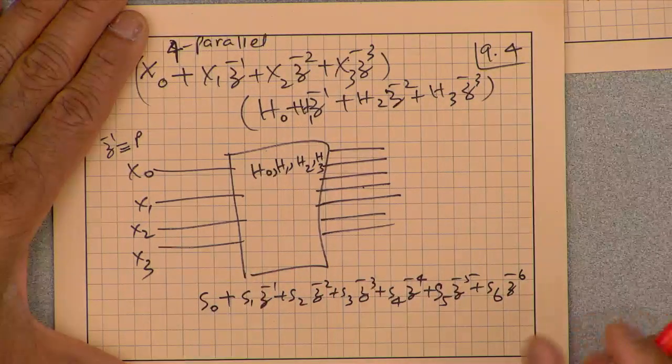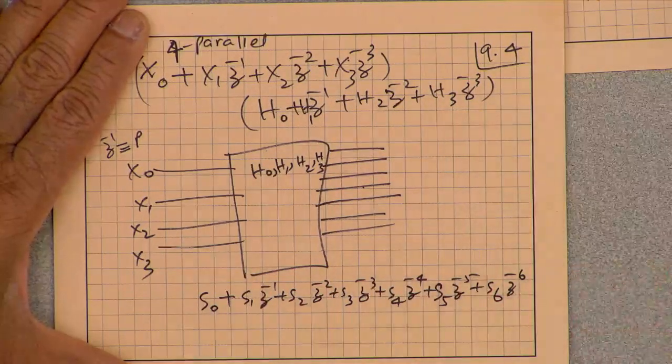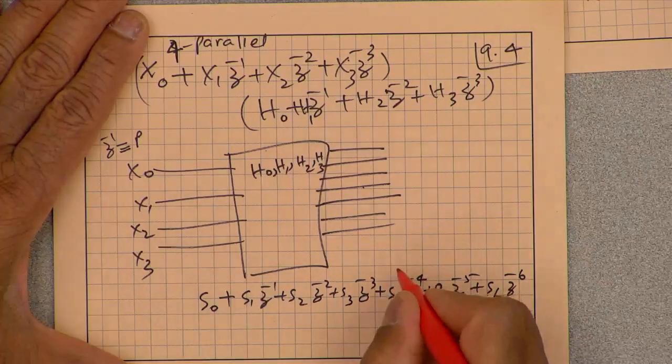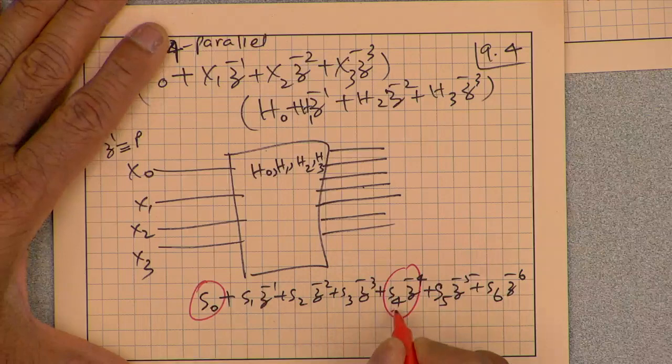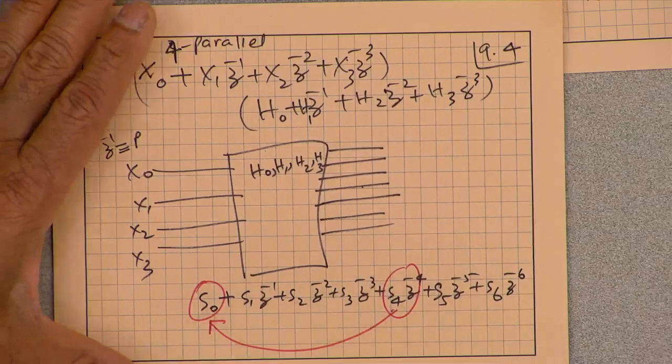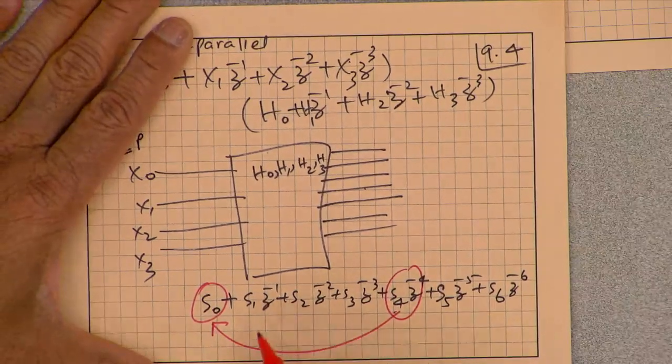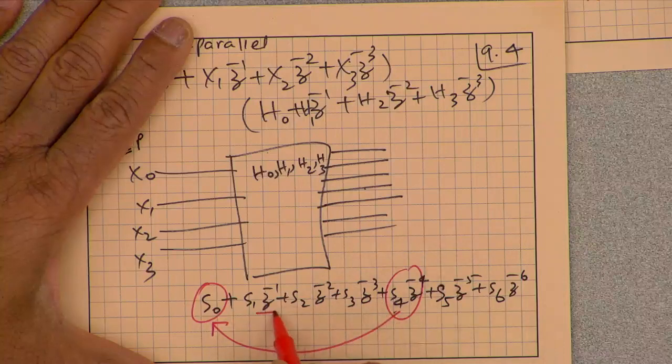Now, what exactly is the first output y0? If we group this with that, that's going to be y0. What is y1? Z to the power minus 1 taken outside a bracket out of these two.